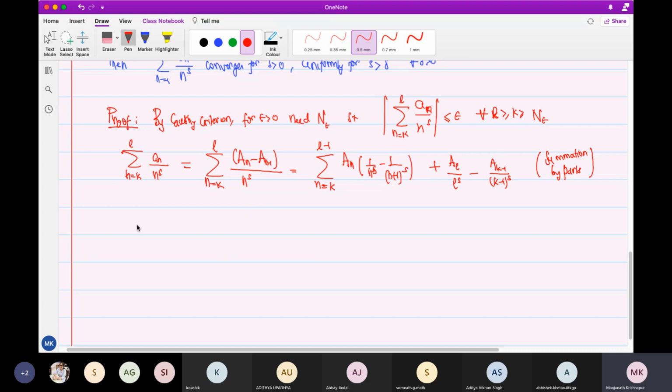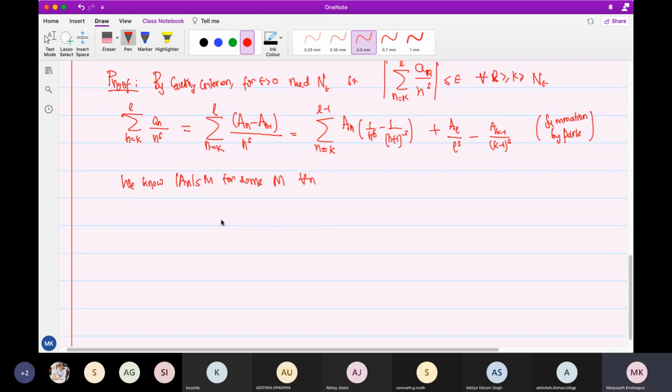Now, what of it? The absolute value of this we can now bound. We know that the An are bounded, right? So the absolute values of An are bounded by m for some m and for all n. Therefore, if we put the absolute values on an by n to the power s, what can I bound it by?